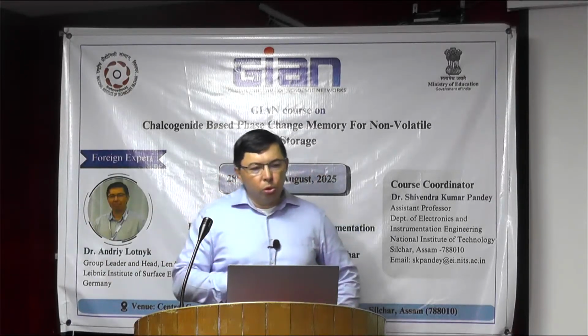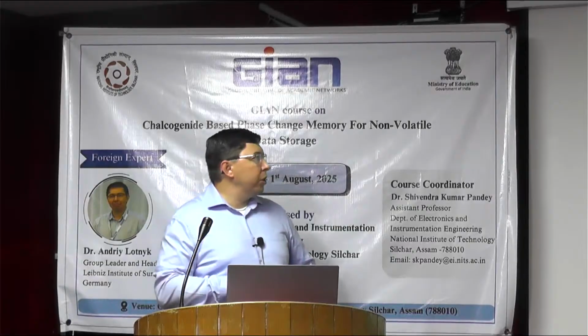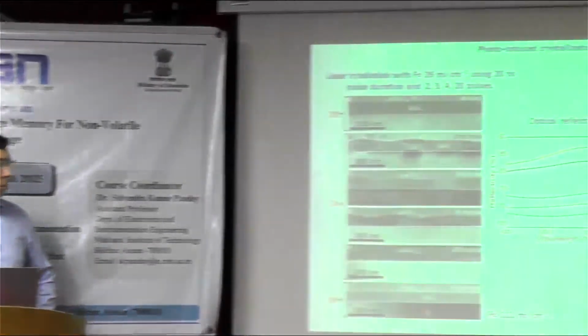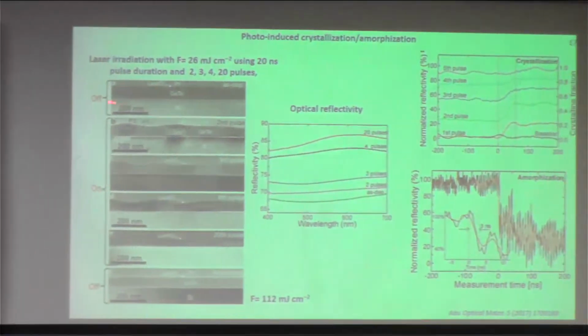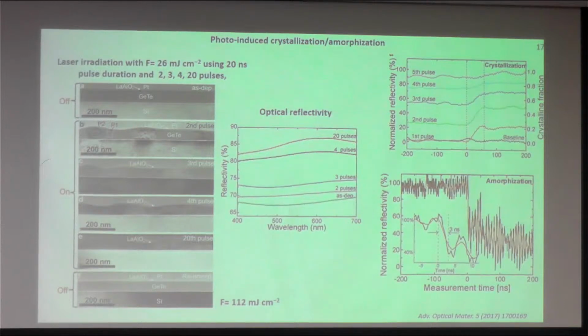So the photo-induced crystallization, amorphization, is based on the phase change between amorphous and crystalline states. So if you illuminate your thin film with a laser of fluence in this range and using a very short pulse, 20 nanosecond, you can induce the crystallization of your material.